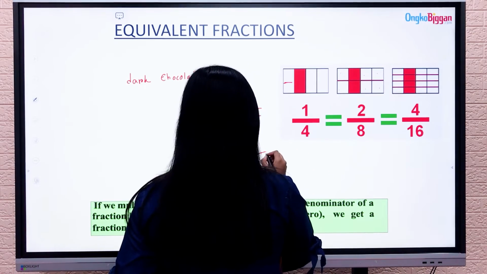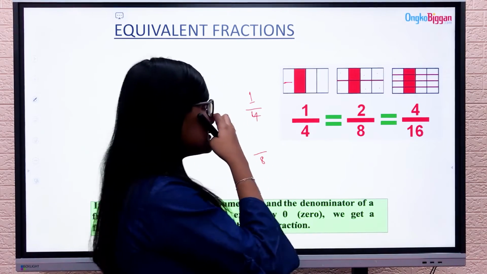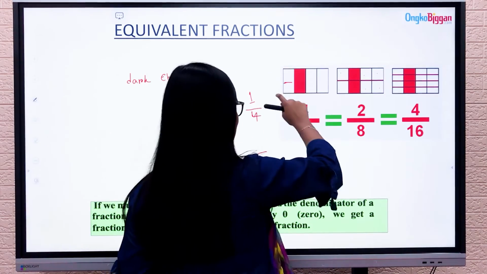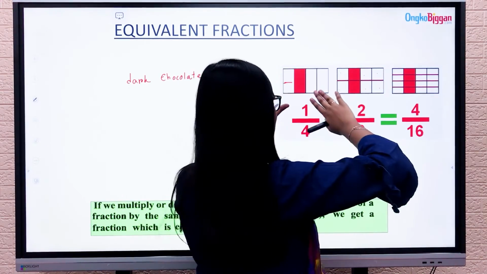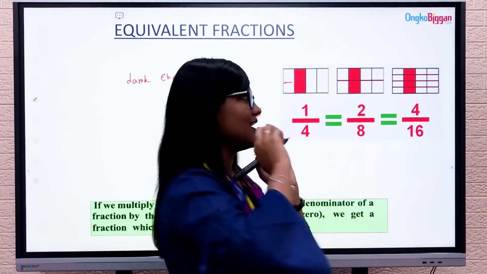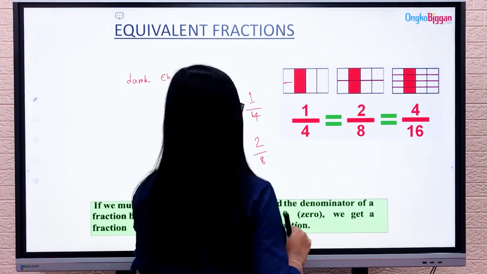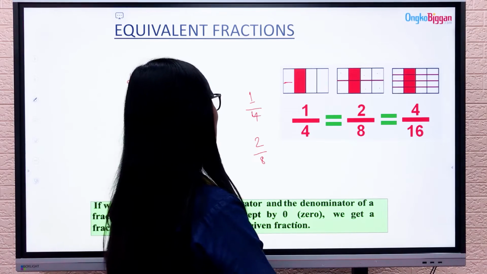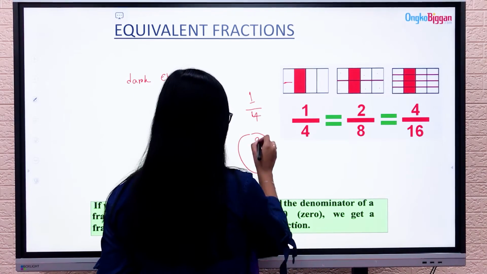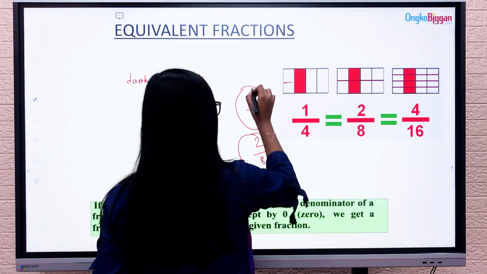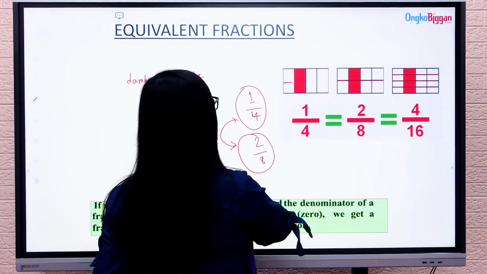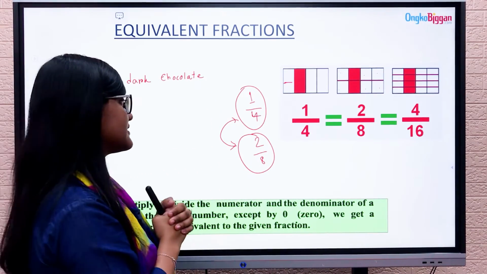But you were just having 1 slice, and now this 1 slice has become 2 slices. So 2 by 8. So ultimately, whether you take 2 by 8 slices or 1 by 4, both are equal, or these are termed as equivalent fractions.